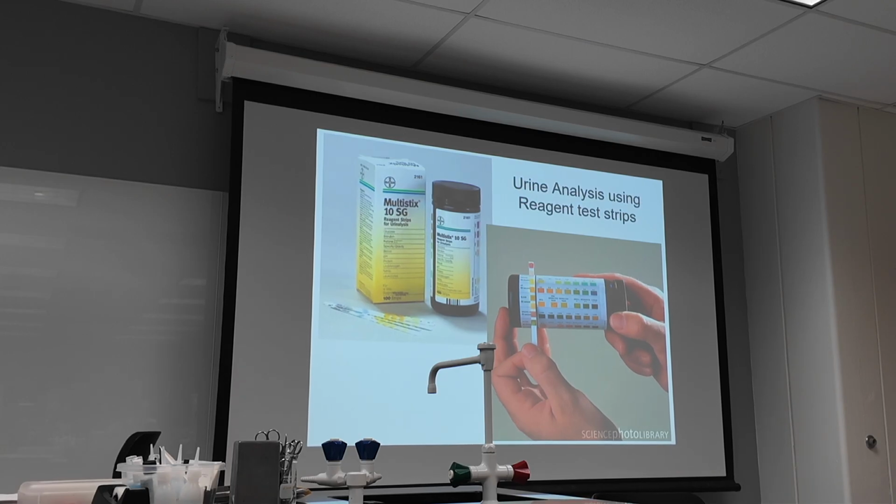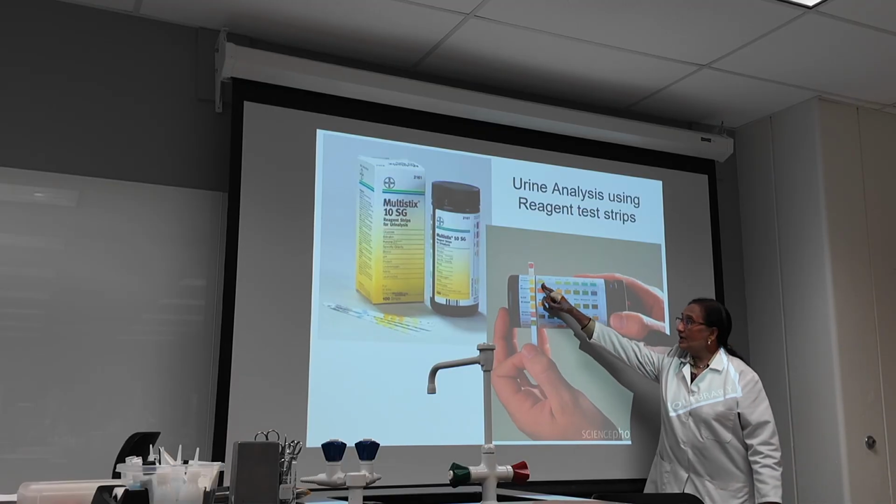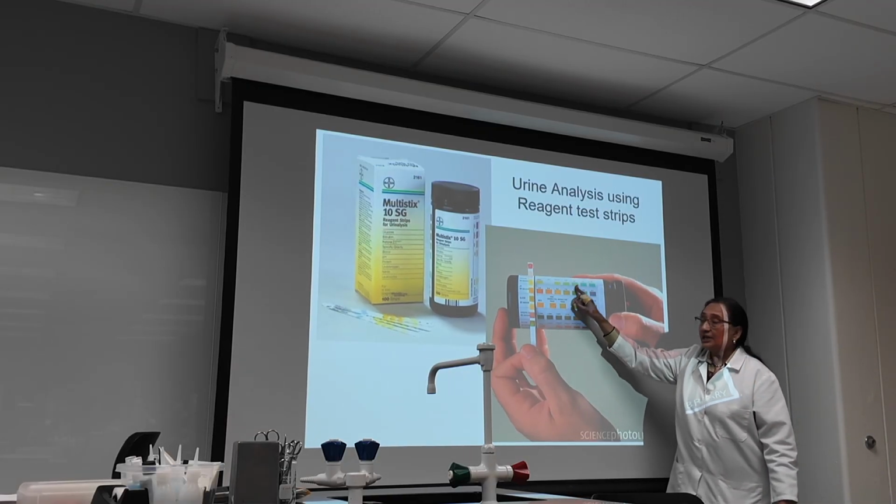Then we have fake urine samples. This is not real urine. There are 3 of them, all labeled A, B, C. Dip one strip into the urine, take it out, shake it a little so that the excess drips off, and then compare the color change to the chart.